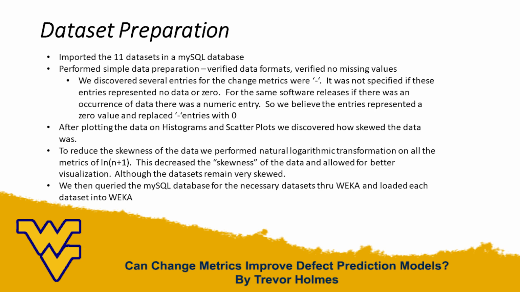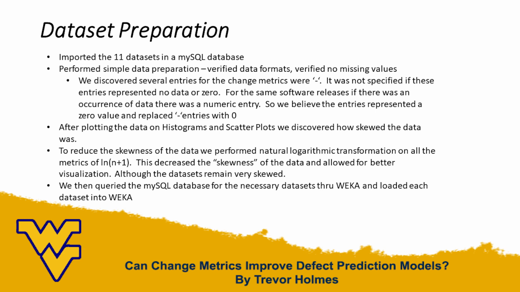One of the other things we found was for several of the change metrics, there was just a textual dash as the data entry. Usually that would mean that we don't really know what that means. It wasn't specified, but for some of the other data sets, if there was an initial release, there was no data for these change metrics because there were no changes yet.